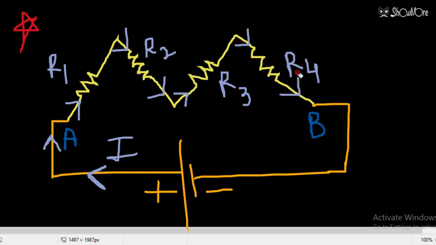And this current will go again to the negative terminal. So here again the current is constant. The same current is flowing through all the resistances. That means the current is same. So this is again an example of series combination.